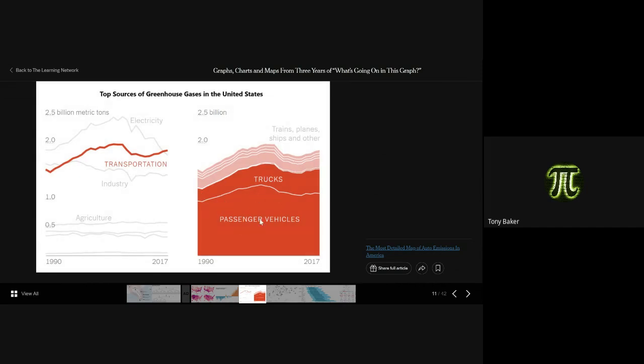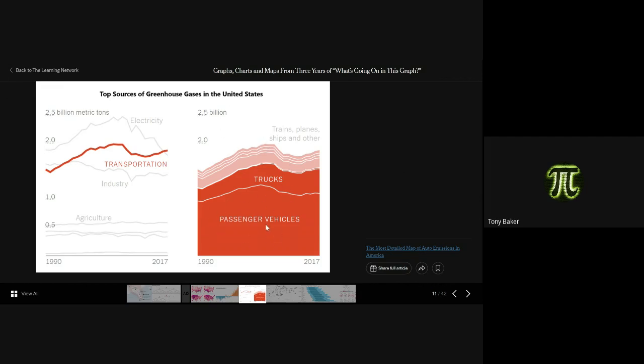This one here is a stacked line graph, but you can also see it as kind of a bar graph. If they split it up, it'd be no different than the stacked bar graphs. But this is a stacked line graph because the bars are so close together that they actually merge. So you can see that progression over time. In this case, you can see how much greenhouse gases and where they're coming from.